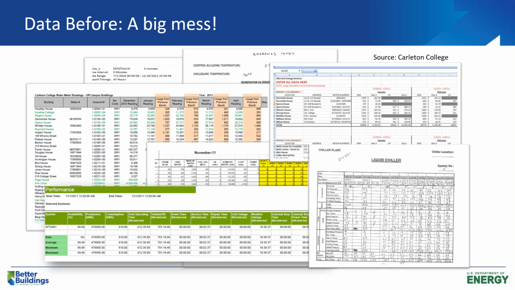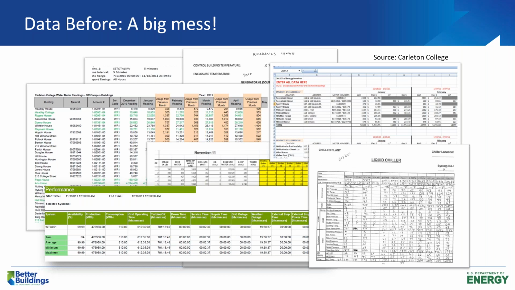I have a lot of data that doesn't get updated automatically, and I have to do all these manual processes, and it's not real time. So this is what people start with. This is where most people are at before they have an EMIS, at least, this is an example of energy information and some system information prior to having EMIS.